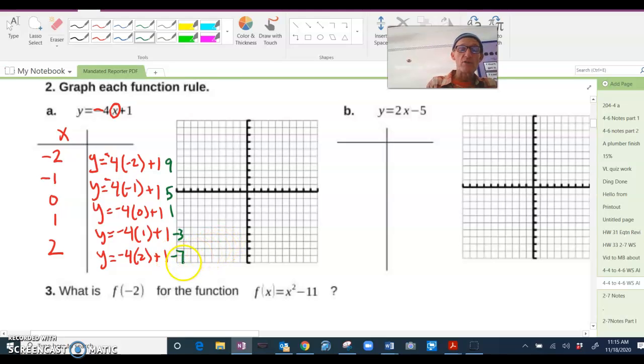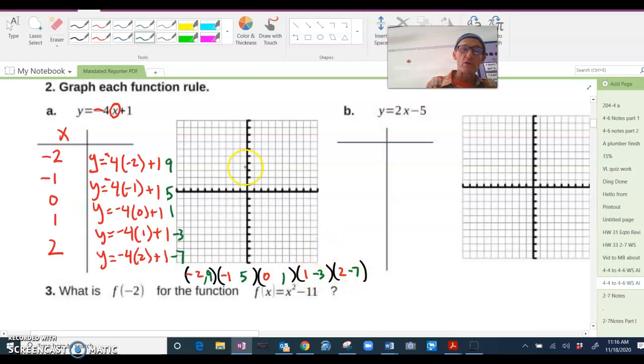So then the ordered pairs that we will be graphing: the x's will be -2, -1, 0, 1, 2, and the y's will be 9, 5, 1, -3, and -7.